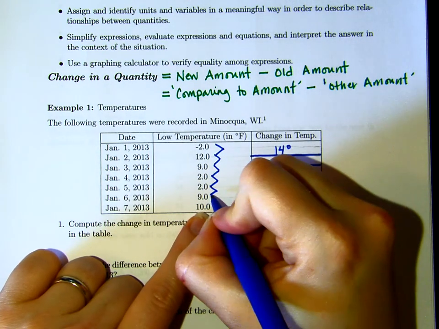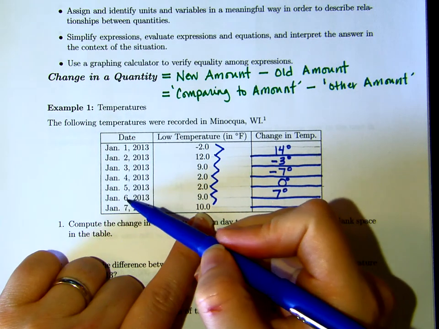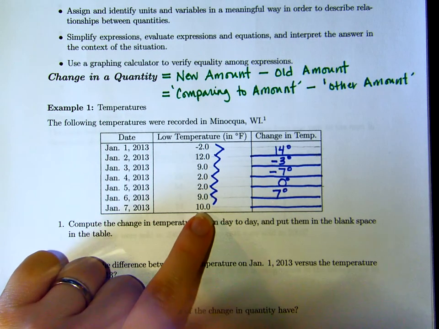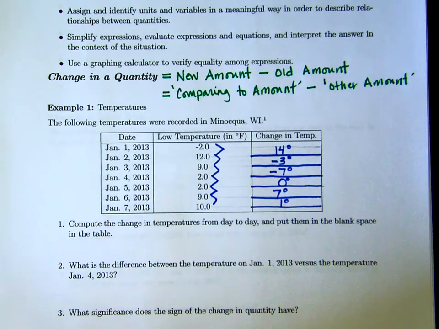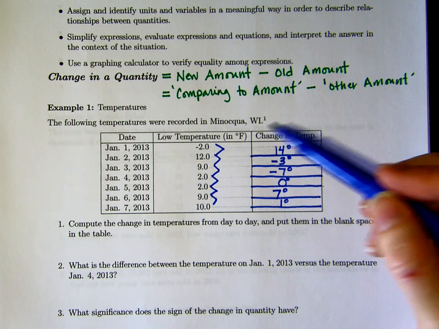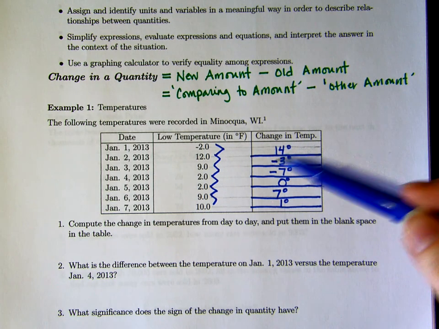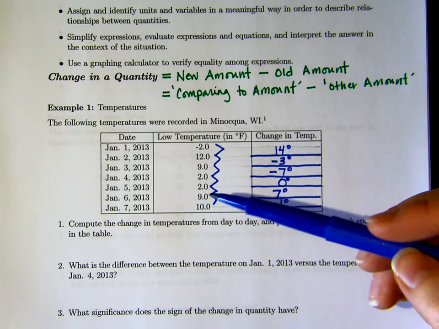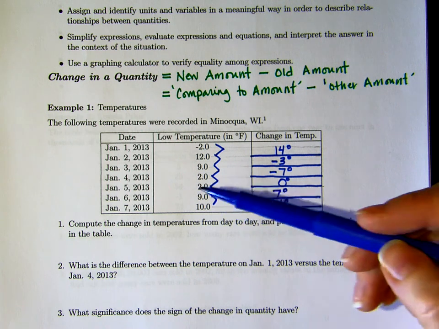And from the 6th to the 7th of January, it increased by 1 degree Fahrenheit. Okay, so we're seeing from day to day what is happening in the change in temperature, as opposed to just listing the actual temperature itself.